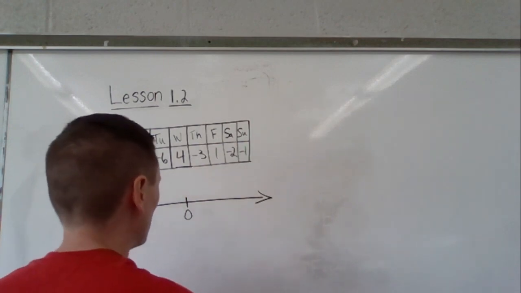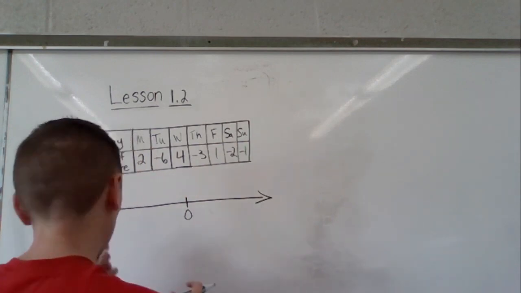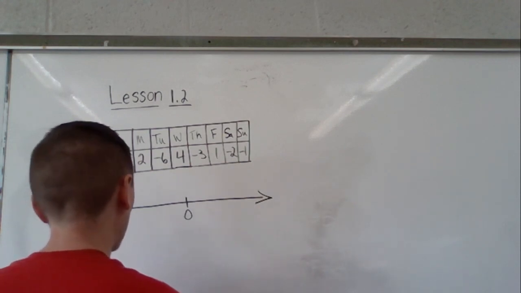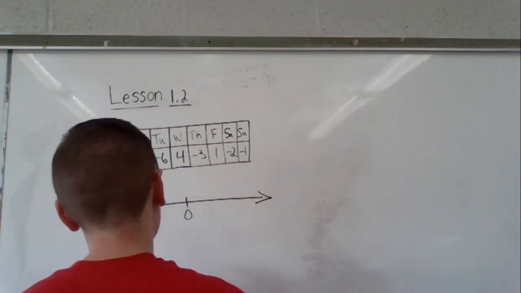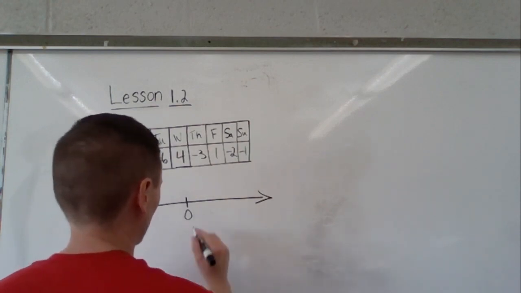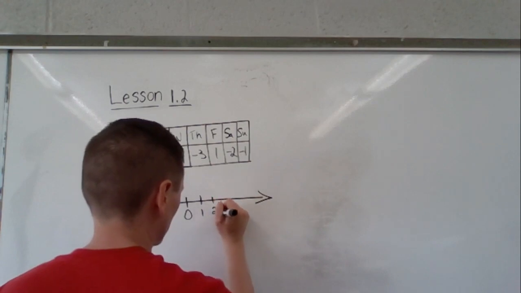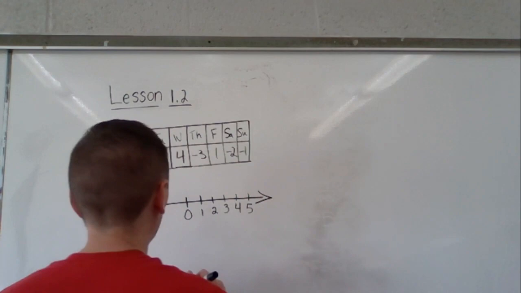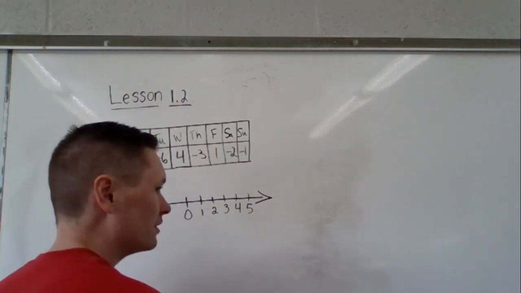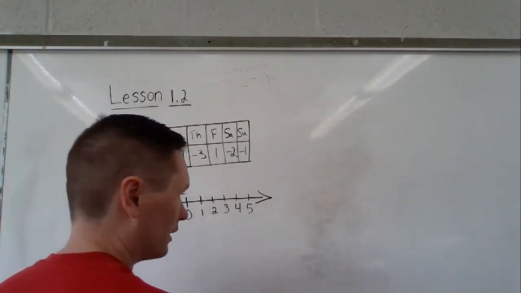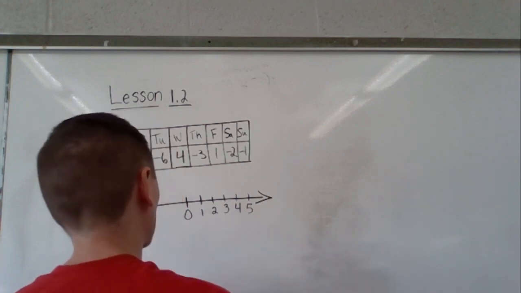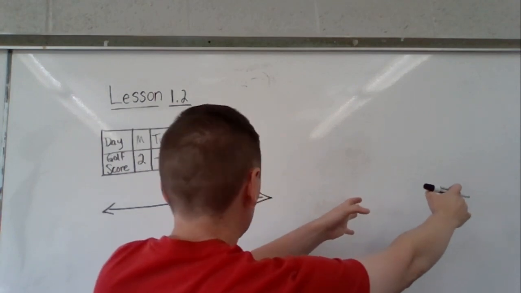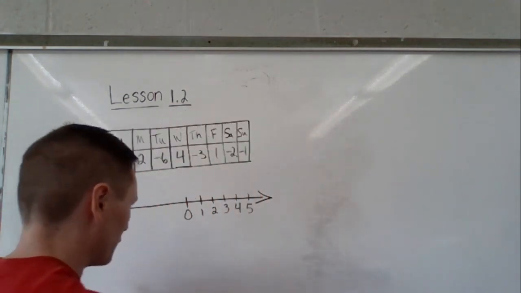Normally, when I have positive or negative numbers that are pretty close to 0, I like to put 0 in the middle because that helps me organize my number line. Obviously, if I had numbers in the millions and never got to 0, I wouldn't need 0 on my number line, because it wouldn't make sense and my number line would look weird.